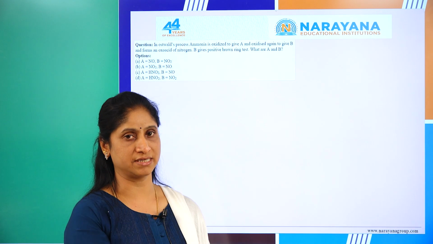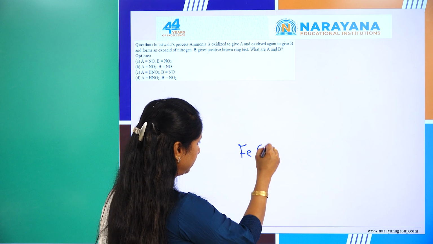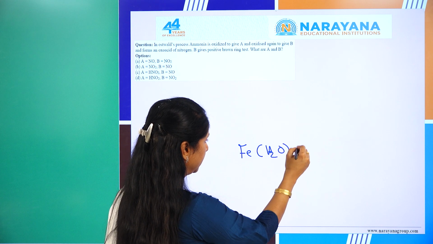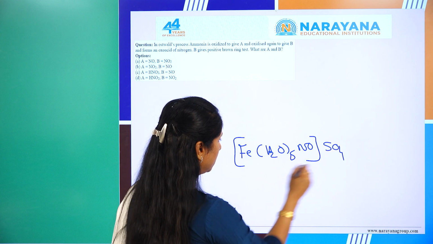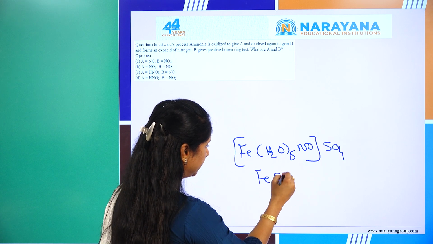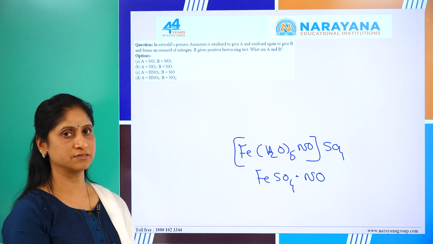NO gives the brown ring test. The brown ring is penta aqua nitrosylium iron(I) sulfate, or in a simple way I can also write it as an adduct, FeSO4 and NO. Nitric oxide gives the brown ring.